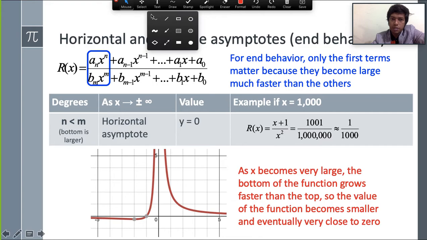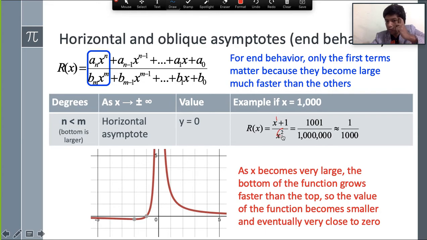Let me tell it with this example. What is the power of x? The power of x is 1 here. What is the power of x? Power of x is 2. So which one is big? The bottom is big.